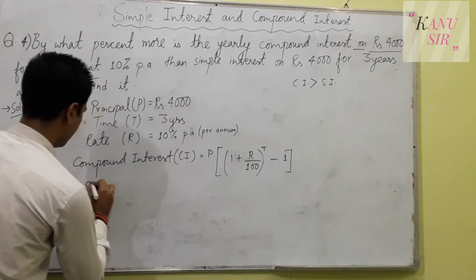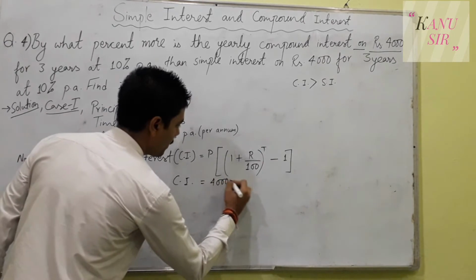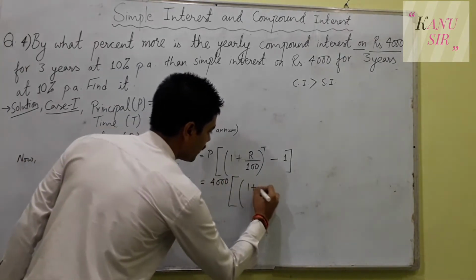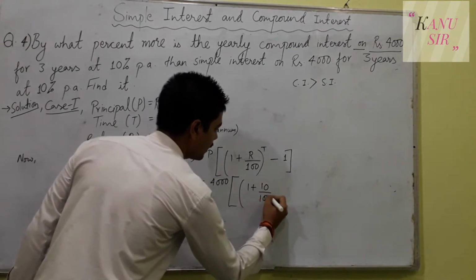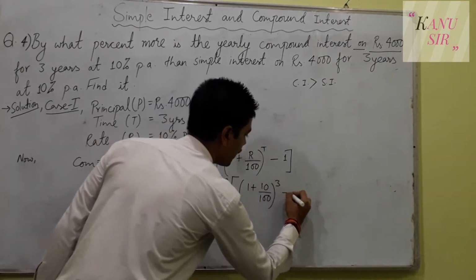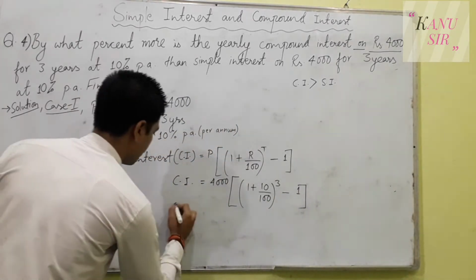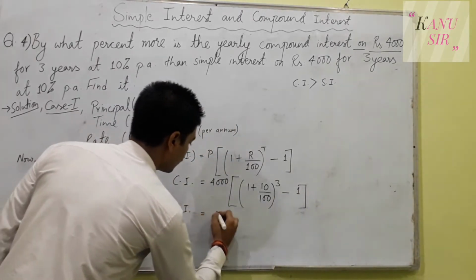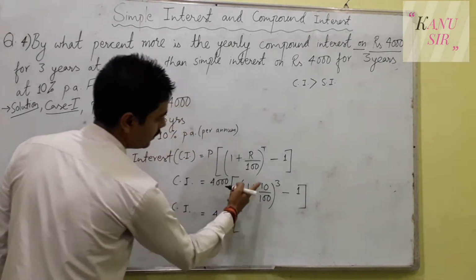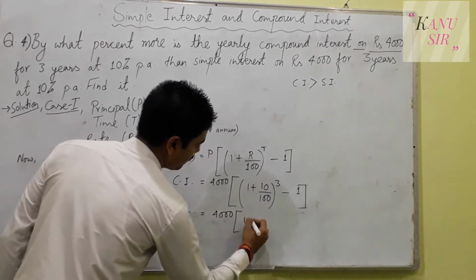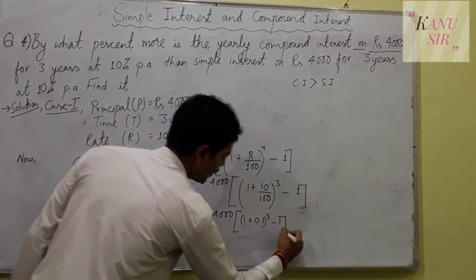So compound interest is equal to 4,000 times (1 plus 10 upon 100) to the power 3 minus 1. Or compound interest is equal to 4,000 times (1 plus 10 by 100, means 1 plus 0.1) power 3 minus 1.